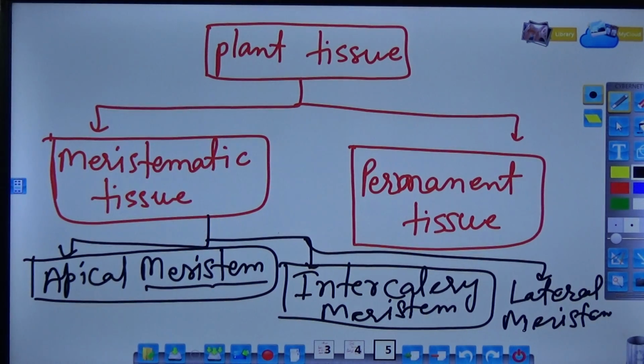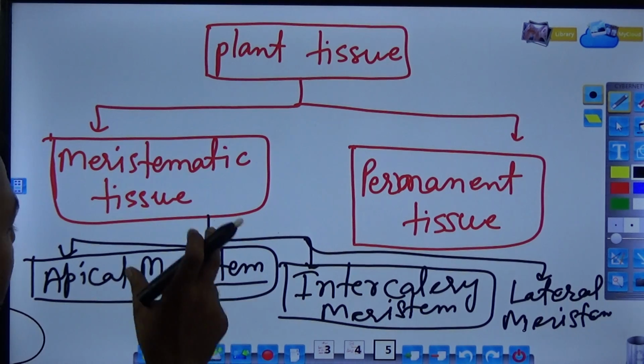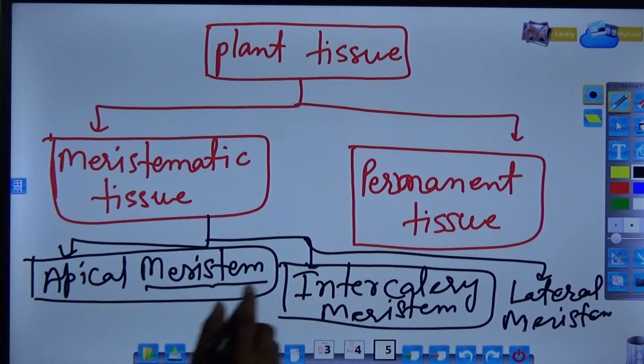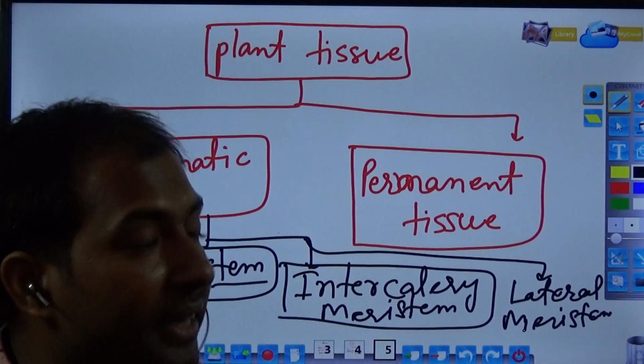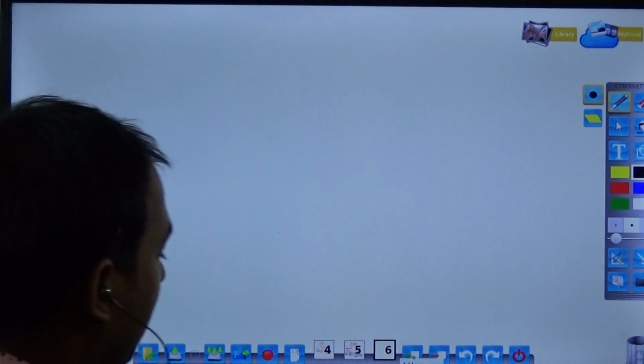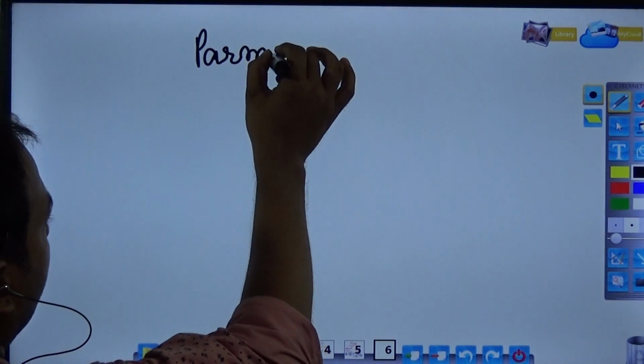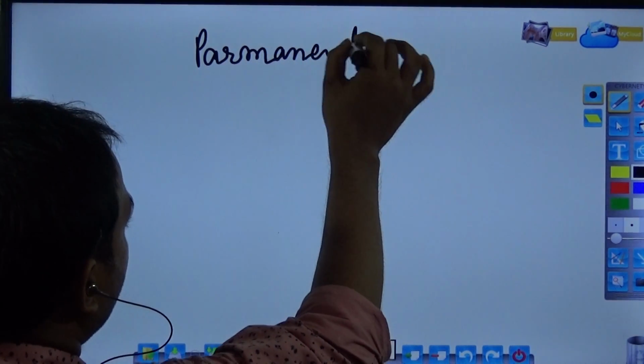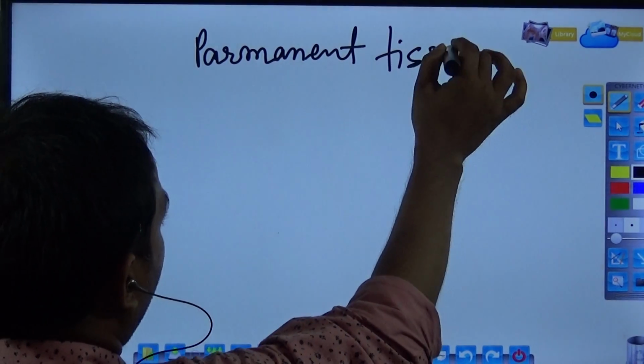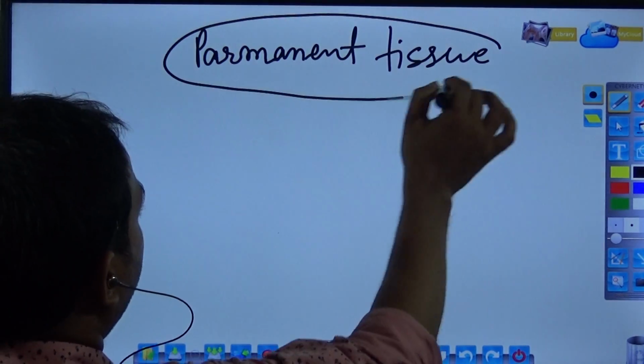Now first of all we draw a chart. Meristematic tissue has three types: apical meristem, intercalary meristem and lateral meristem. Now next, permanent tissue. There are two types of permanent tissue.